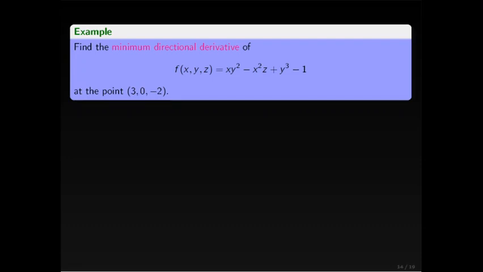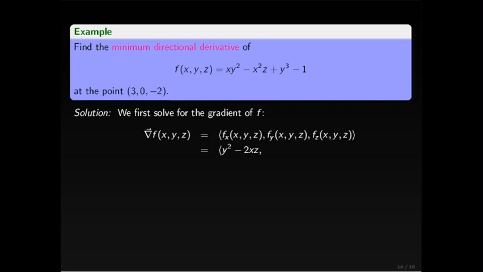So by our discussion, the minimum directional derivative is just the negative of the magnitude of the gradient of f at the point (3, 0, -2). So as usual, we solve for the gradient of f at any point x, y, z.